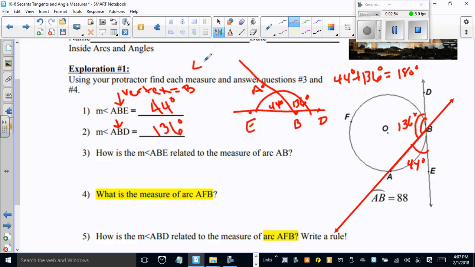Okay, so we call those a linear pair. And we know that a linear pair is supplementary, which means that they add up to 180 degrees.